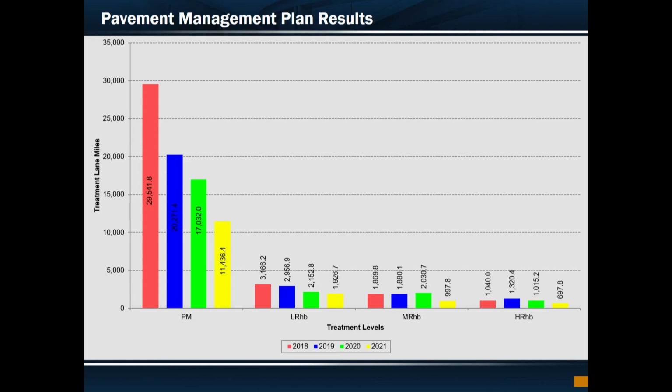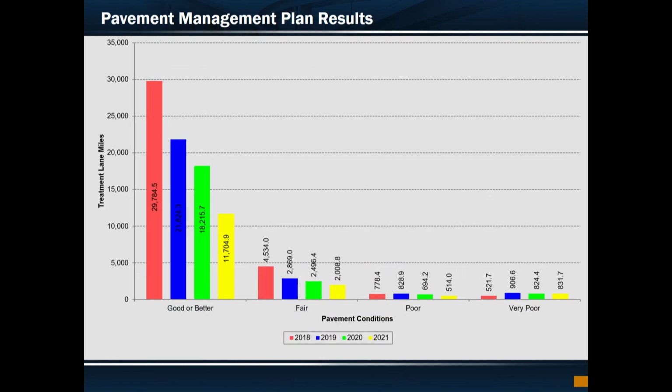Those are for year 1, year 2, year 3, and year 4. And we also have light rehab and medium rehab. It's really a good mix there. With this bar chart, similarly, all the districts can pull by district level, county level, and maintenance section level. So it's easy for them to slice and dice in different ways to look at their planned projects.